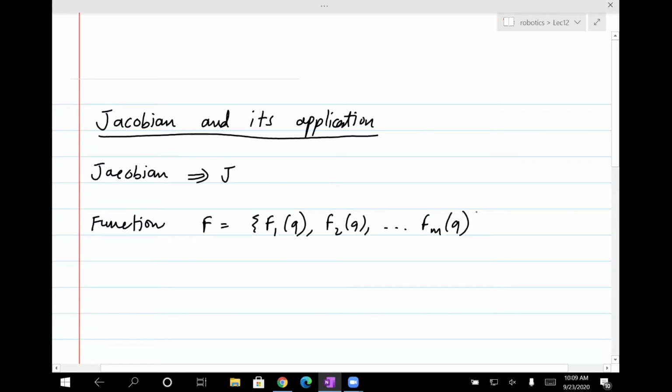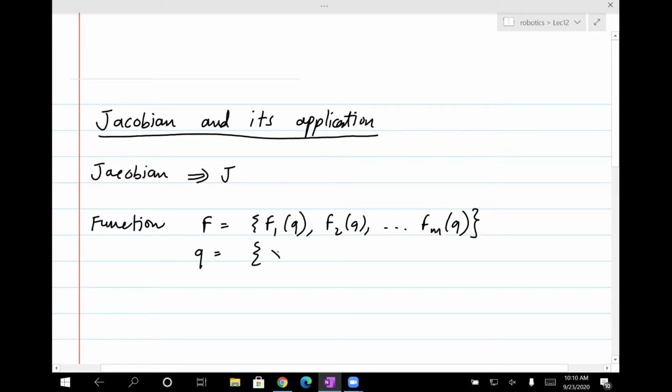So there are m functions, and I've put them together like in a vector, if you like, and then q is the space of variables which f is a function of.